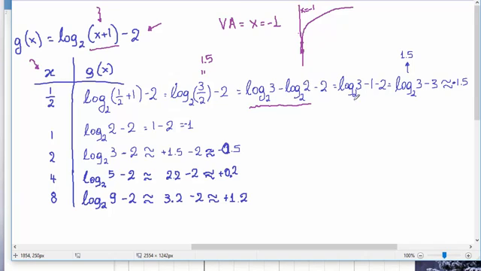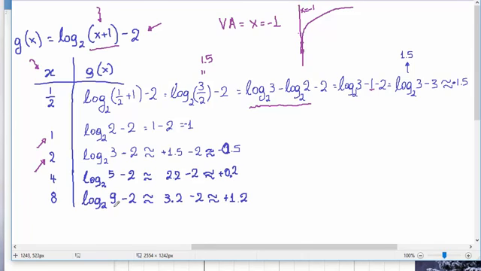Okay, so the logarithm of 2 with base 2, this logarithm right here, is going to be equal to 1. We know that. But what about the logarithm of 3 with base 2? Now, if we plug in the same values that were given to us for x in different rows of this table, we get strange logarithms: logarithm of 3 with base 2, logarithm of 5 with base 2, logarithm of 9 with base 2.